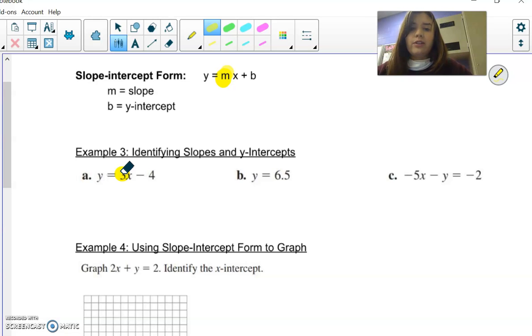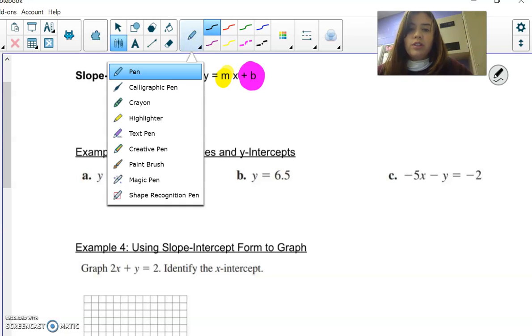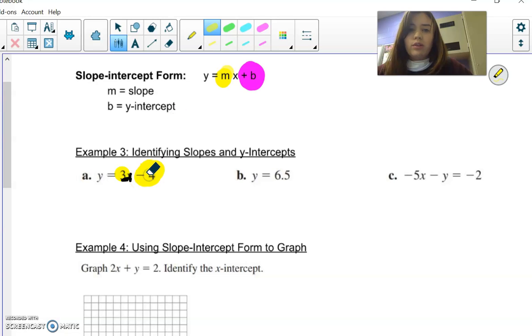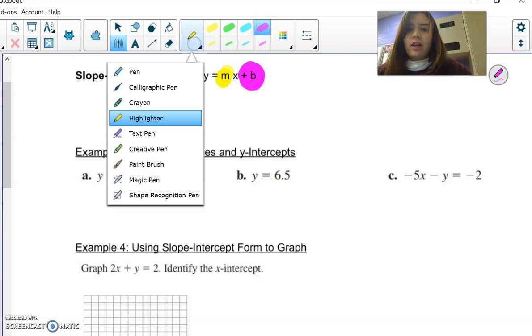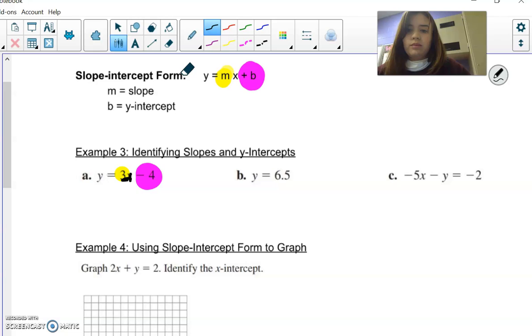And then our y-intercept is that b, right? Technically this is 3x plus negative 4. So you're just going to keep the sign that's in front of the 4, and you're going to know that the y-intercept is negative 4. So b equals negative 4 and m equals 3.